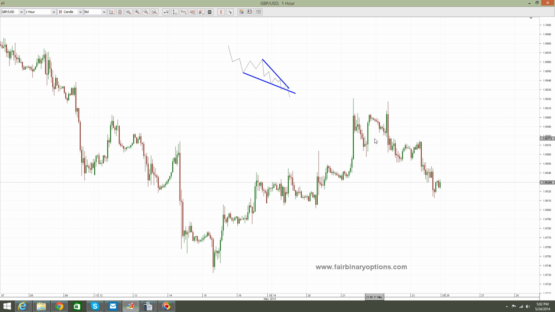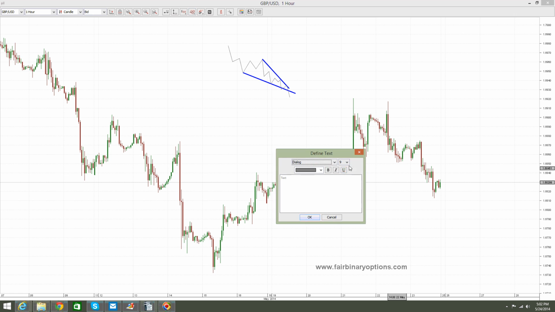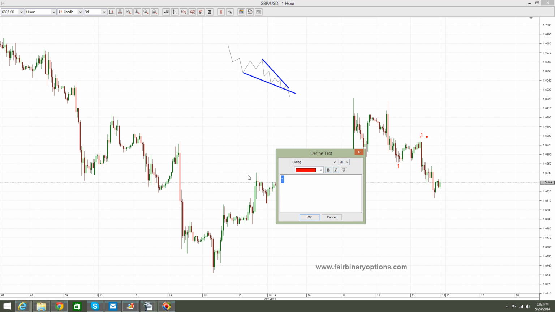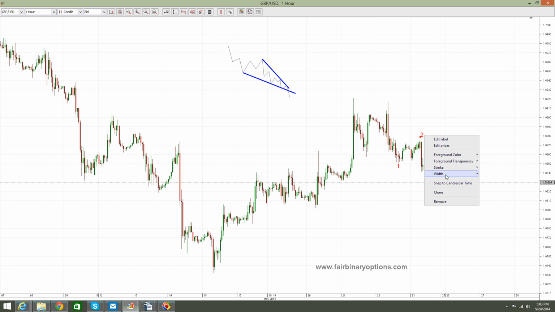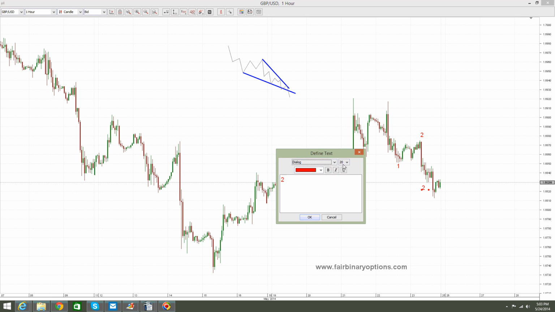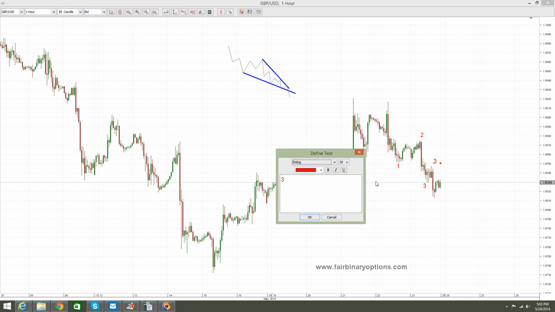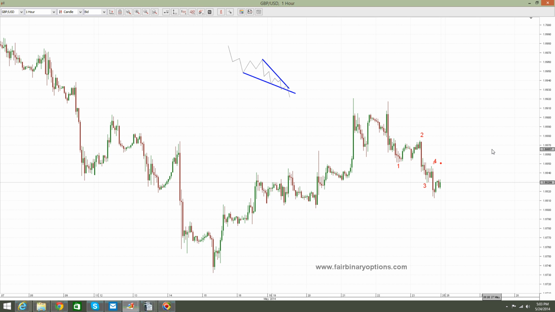Now this would normally be the theoretical part, but if you apply it on the markets, I would say that our first wave, or possible first wave, will end here, with a second wave ending there, with a third wave ending here, with a fourth wave ending here, like this.